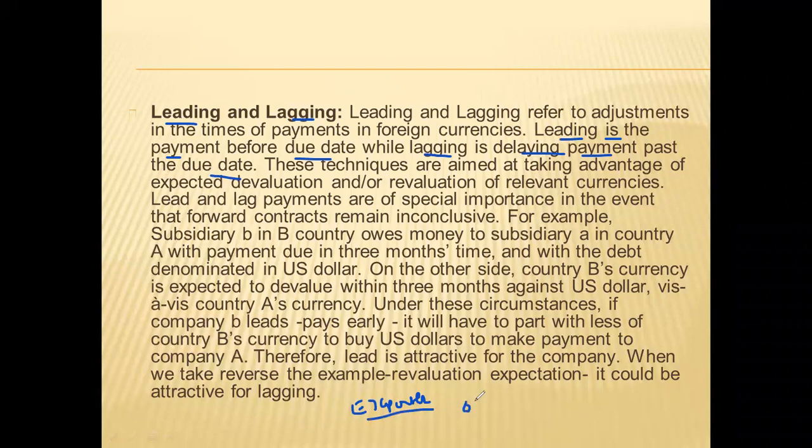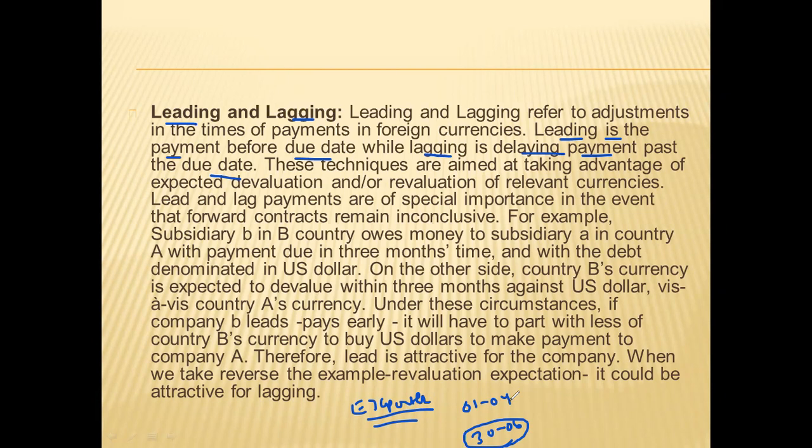You exported the goods on 1st April and you will receive the payment on 30 June. Three months credit is given by you. This is the terms of trade, that is the credit agreement which you have entered into: on 1st April you will export the goods, and on 30 June you will receive the payment.